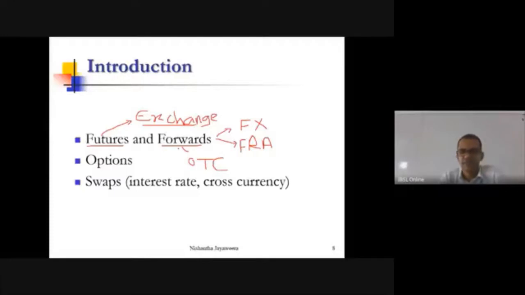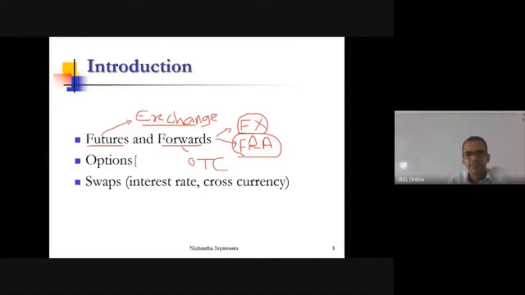Otherwise futures are almost the same as forwards, and can be based on any underlying. When the underlying is foreign exchange, we call it FX forwards. When it comes to interest rates, we call it forward rate agreements. Others we just call forwards. Those are over-the-counter transactions. Even futures, you can have interest rate futures, commodity futures, foreign exchange futures, bond futures, so many futures contracts.